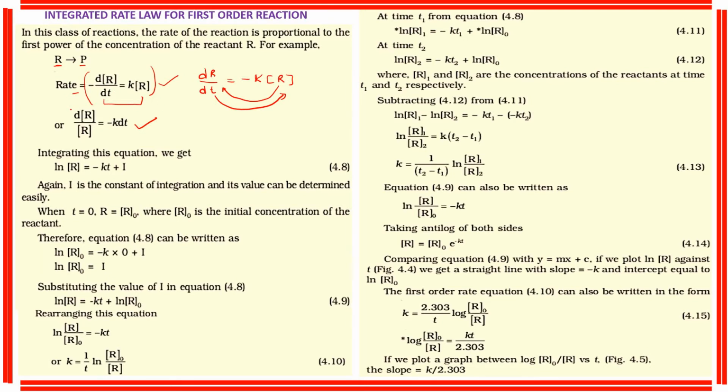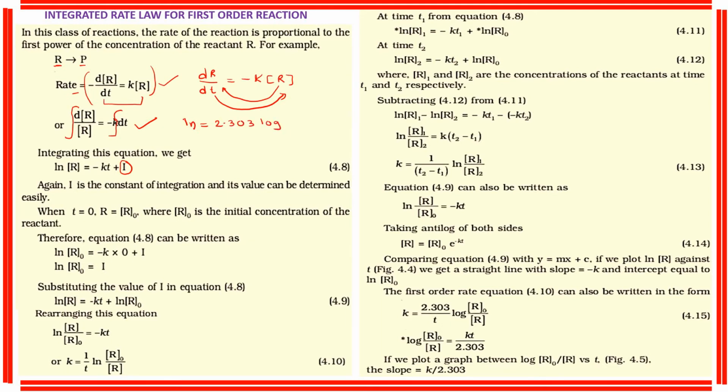Now if you do integration on both sides, integration of d[R]/[R] and integration of dt, the integration of d[R]/[R] is equal to natural log of the concentration of R, which is equal to minus K into t plus I, where I is the integration constant. ln means natural log, and it is always equal to 2.303 into log.